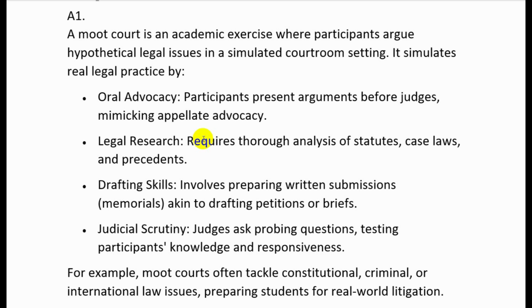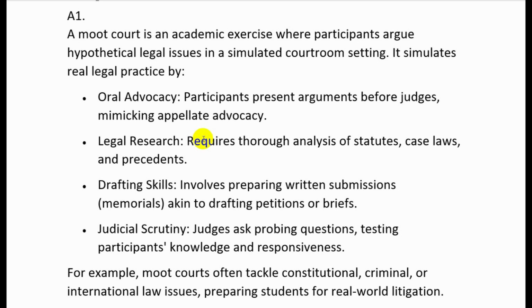If one participates in moot courts, then it will also help in drafting skills. That is, the student will be preparing written submissions, which are also known as memorials, which is akin or similar to drafting petitions or briefs. So this will improve drafting skills. Judicial scrutiny. Judges will ask probing questions, testing participants' knowledge and responsiveness.